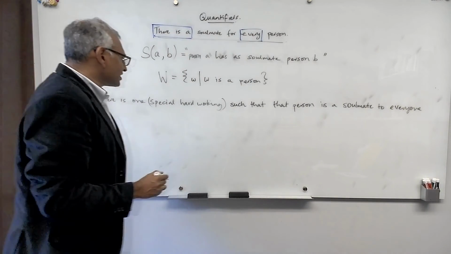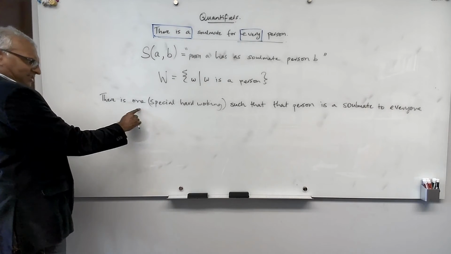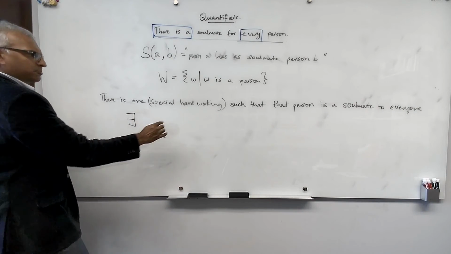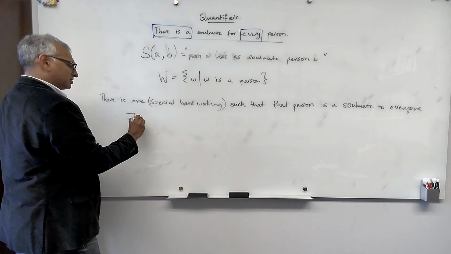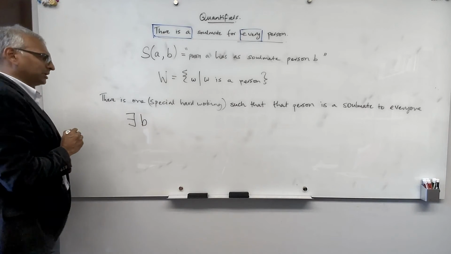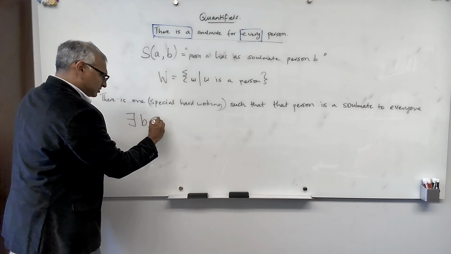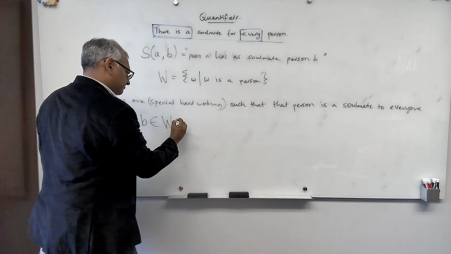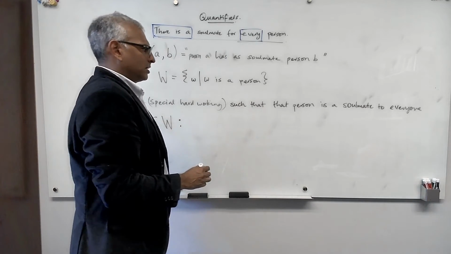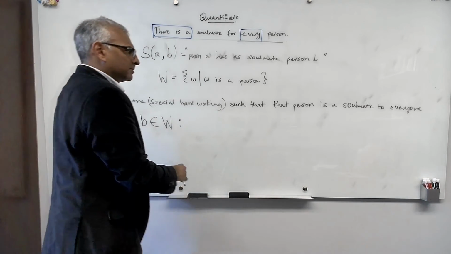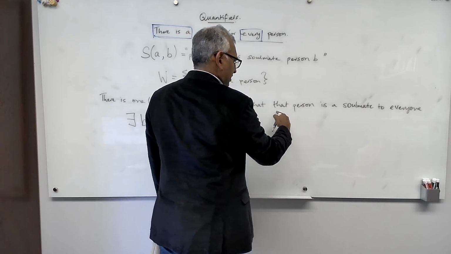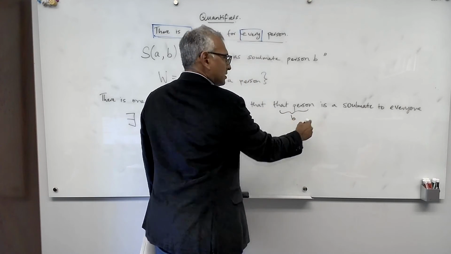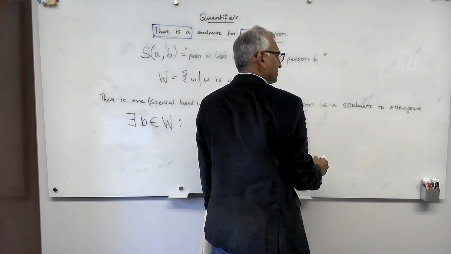Okay. So what does that mean? That means that there exists a special hardworking soulmate B in the set of people, such that that person B is a soulmate to everyone. So what does that mean?